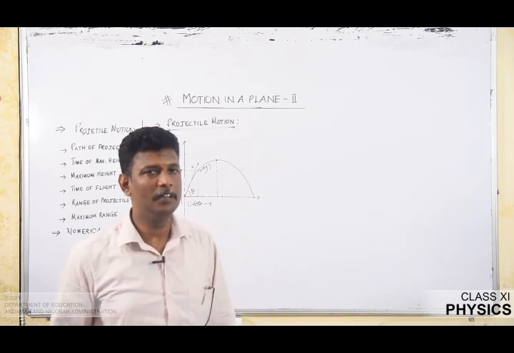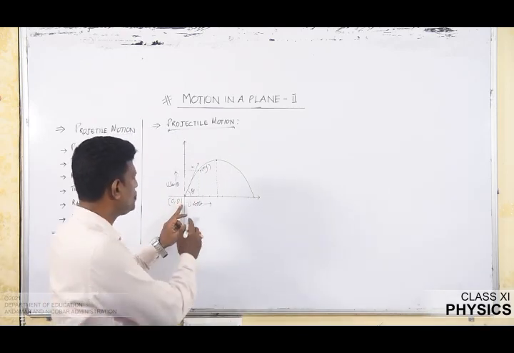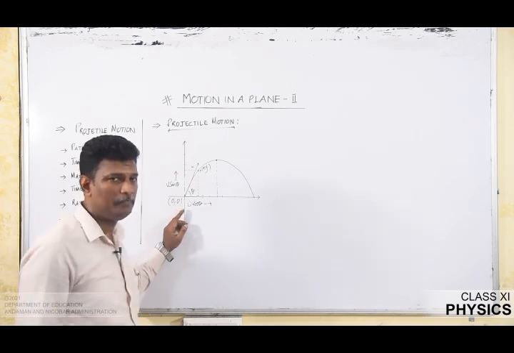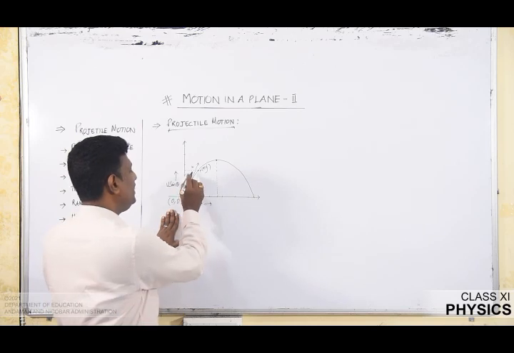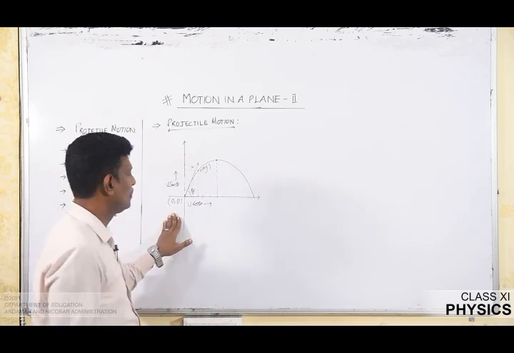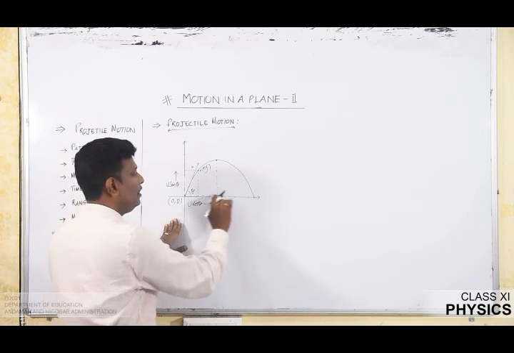Now, let us consider the graph as such. An object is thrown from the origin, that is 0, 0, with initial velocity u and projected with angle theta with the horizontal.